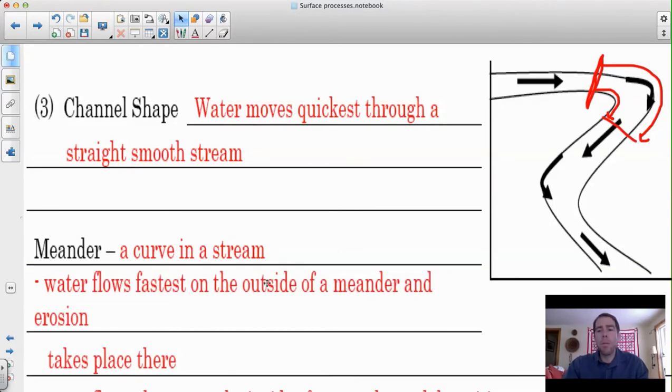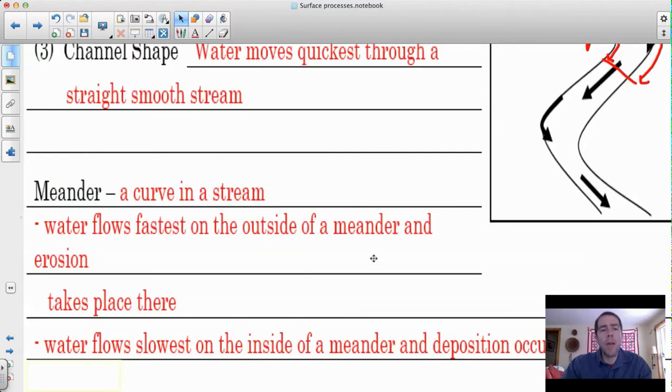It causes the water to pick up materials on the outside, because faster moving water picks up materials, and slower moving water tends to deposit materials. So on the outside, erosion is taking place, where the water is flowing fastest.